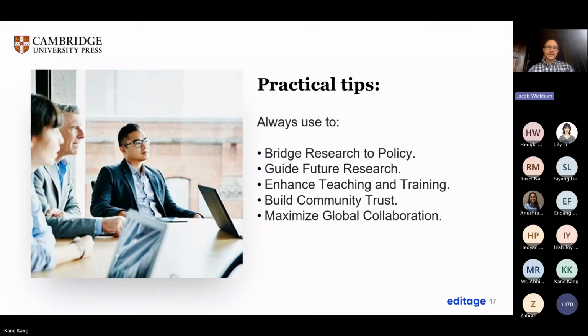This can also be discussed in a social media blog. You can present the results of your findings and say, okay, here are the next steps, or here's how it can apply to practical applications or policy changes. And this can help build community trust and maximize global collaboration. So next slide, please.